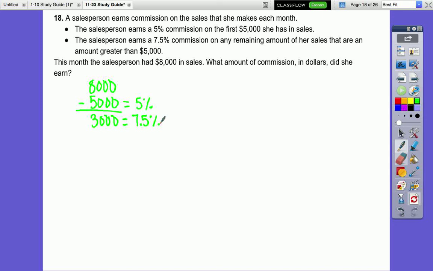So 5% commission, you're going to have to find out what that is. Now we're not looking for that to be added back. Commission is just the percentage of an amount of sales. So to find your commission, you do your sales times your commission rate.